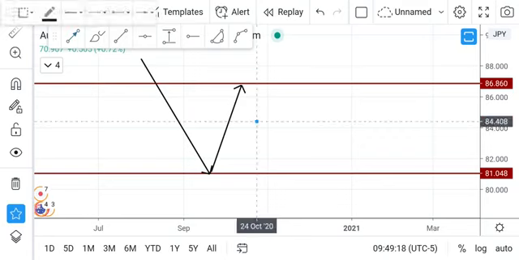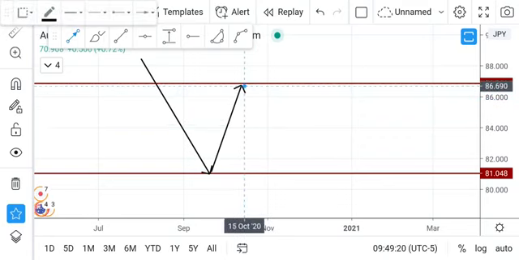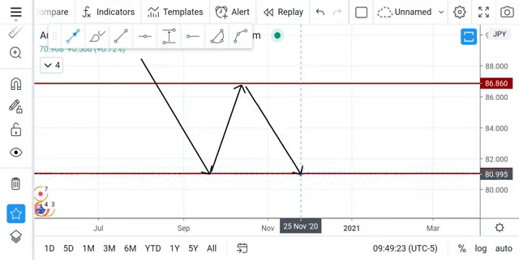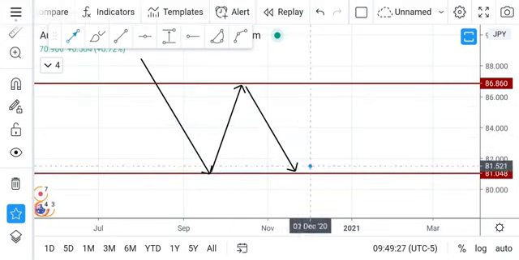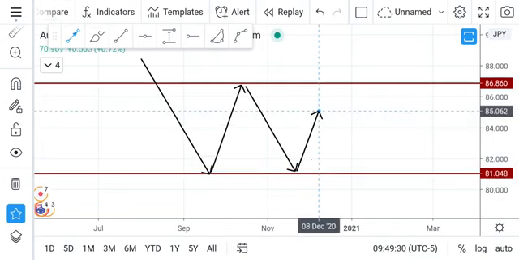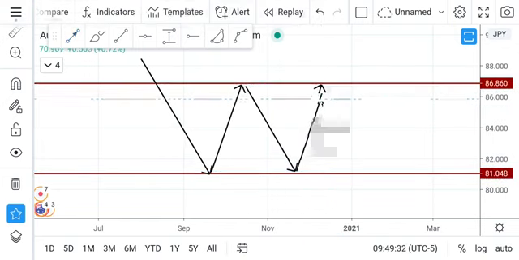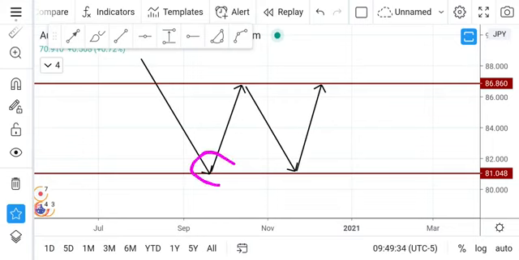So the next thing that is going to happen is that sellers will now try and push it back down again to support, and buyers will push it back to resistance. So what do you have here? You have one bottom and double bottom. So you can just see that it is just opposite of the double top chart pattern. It just means if you turn the double top chart pattern upside down, you get a double bottom, which is a bullish reversal chart pattern.